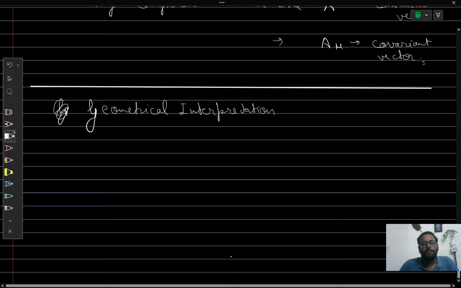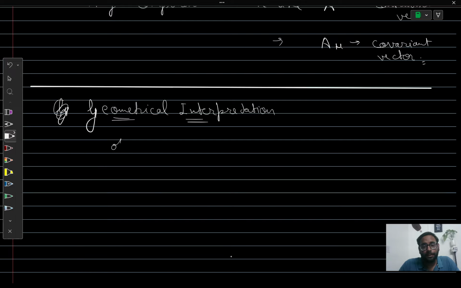Okay, so we can write this. The geometrical interpretation of a vector can be given by arrows. Okay, by arrows, that this is a vector. So we can just write it like this, that this is a vector.